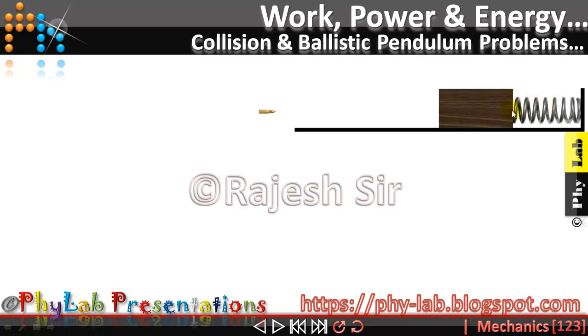We need to obtain the initial velocity u of the bullet if the compression in the spring is given, or you might be asked to find the compression in the spring if the initial velocity is given. Friends, this is a classical numerical problem which is always asked at class 11th level.